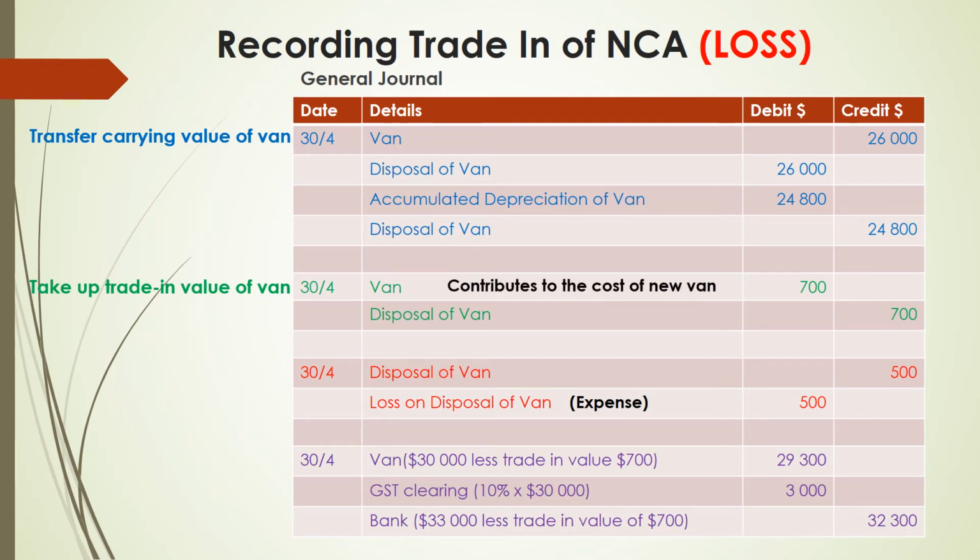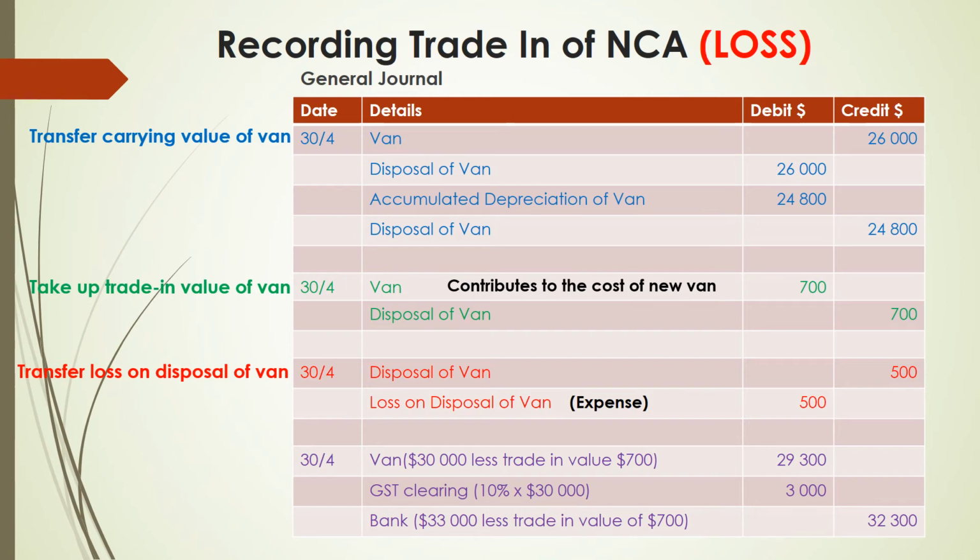If you think about it, it's logical to record the entry this way because the $700 trading value contributes to the cost of the new van, and this is why we are debiting the van account for the amount of $700. Our next entry is the same as what we would have done if it was a cash sale.